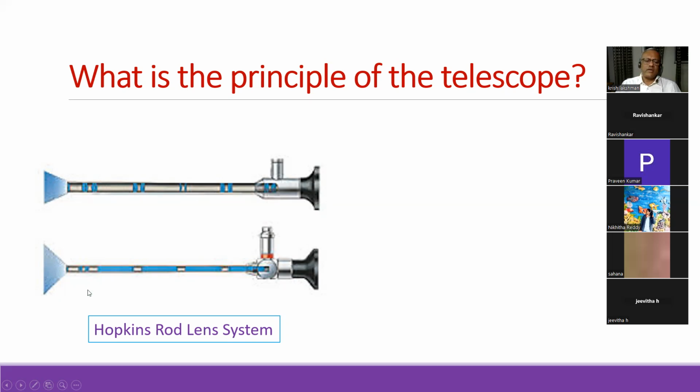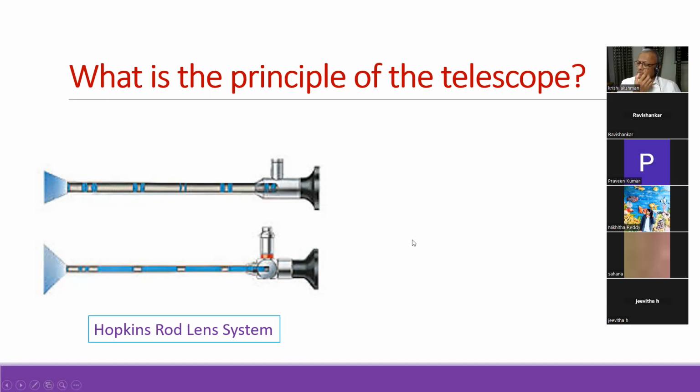You're right about that. The principle is not the same as total internal reflection, but the rod lens works to transmit light straight across, and unlike mirrors, there is no loss of light. The clarity is so good, sir.